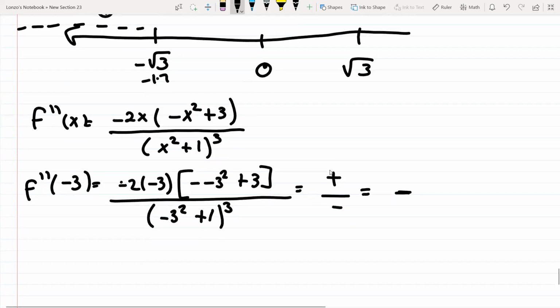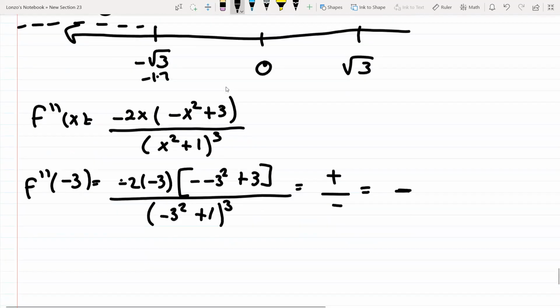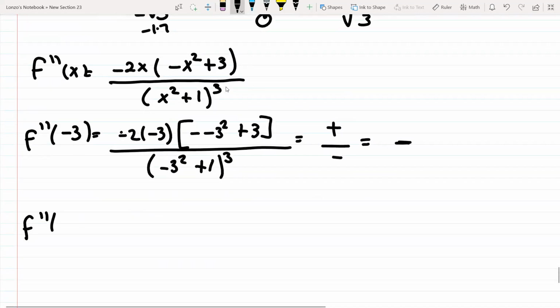Okay, now let's test boundary 2. I need a number between negative radical 3 and 0. I could use negative 1.2. When you put this in the calculator, I'm not going to do the work. It just says that it's going to be positive on the top, and on the bottom it's going to be positive.